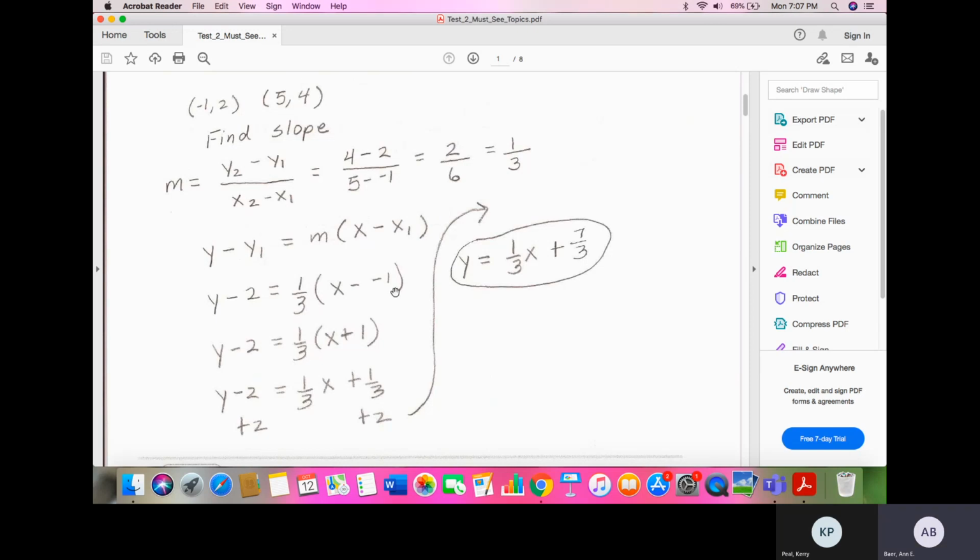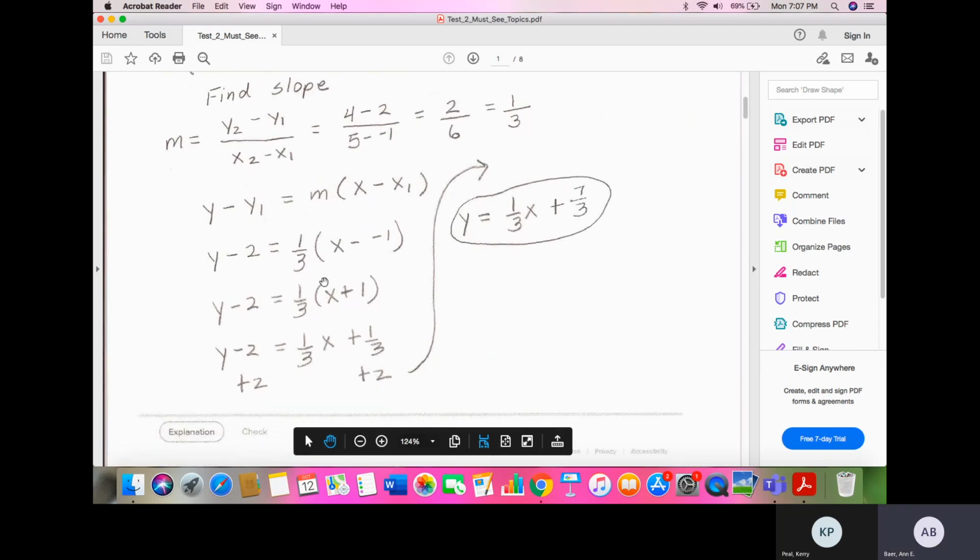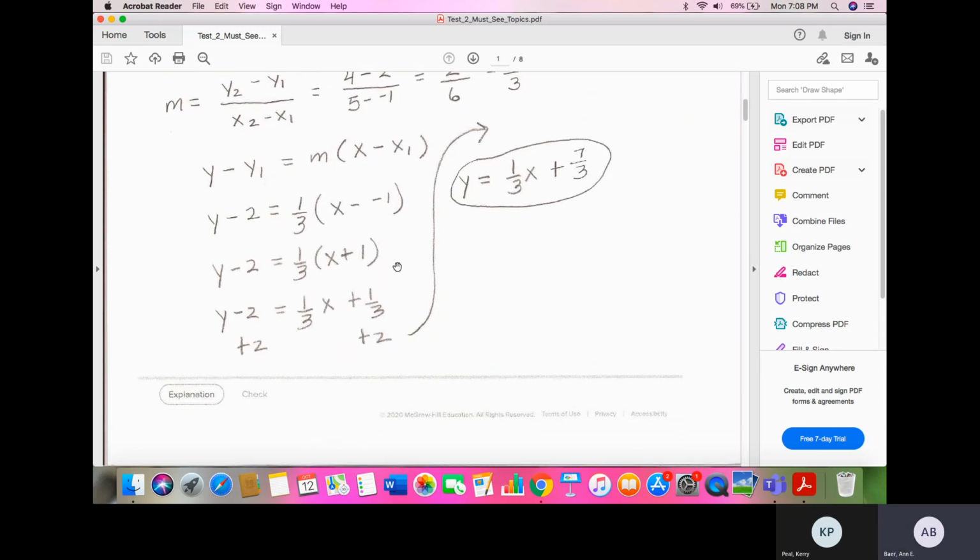And now we just need to clean this up and solve for y. So this I'm just copying over. X minus a minus is x plus 1. And let's go ahead and solve for y. The only thing we have to do on this side is add 2 to both sides.